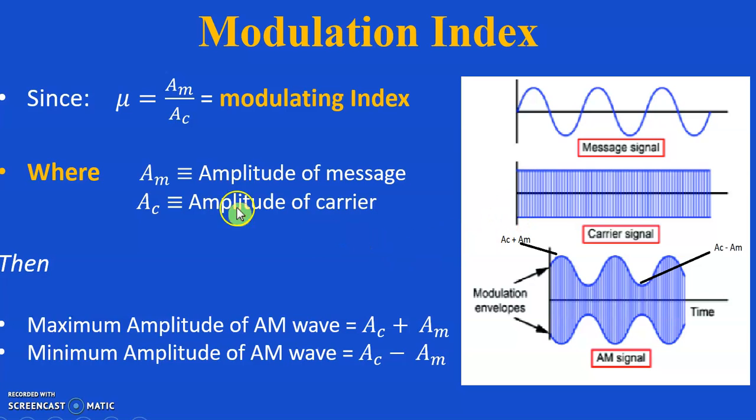So mu is equal to AM over AC, where AM is the amplitude of the message signal and AC the amplitude of the carrier signal.